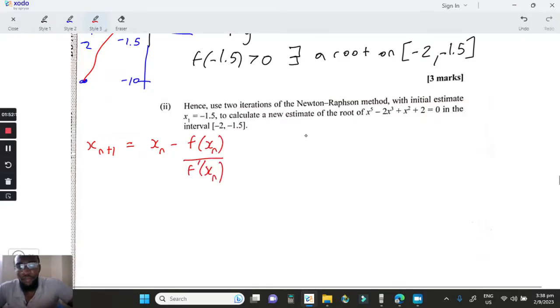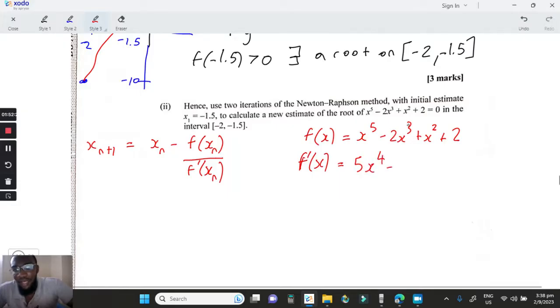So first thing, f of x is x to the 5th minus 2x cubed plus x squared plus 2. f prime of x is going to be 5x to the 4 minus 6x squared plus 2x. Now, we need to plug in negative 1.5.